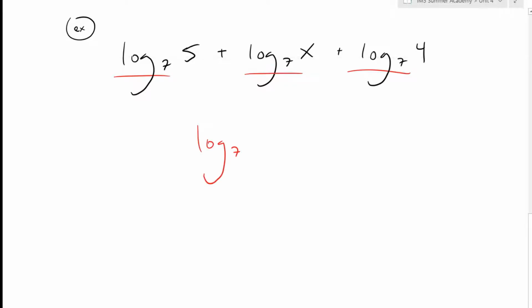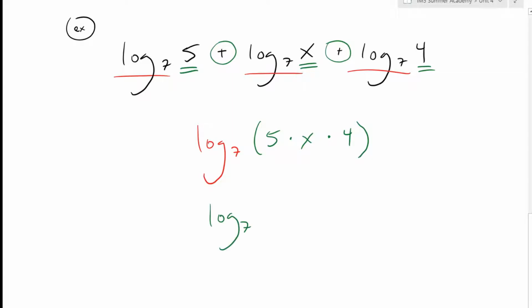I see that it's adding, so adding is going to reverse back into multiplying with these 3 pieces. So it's going to be 5 times x times 4. And we can clean that up a little bit more. That's log base 7. The 4 and the 5 multiply to make a 20. So 20x. And there is condensing it down.